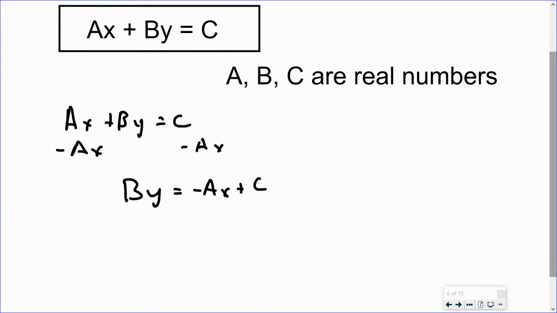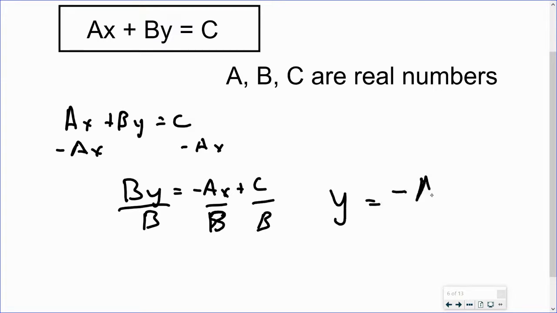And then I divide everything by b. So I end up with y is equal to the opposite of a over b times x plus c over b. That's what I do if I had to convert this. Standard form just doesn't work very nicely.